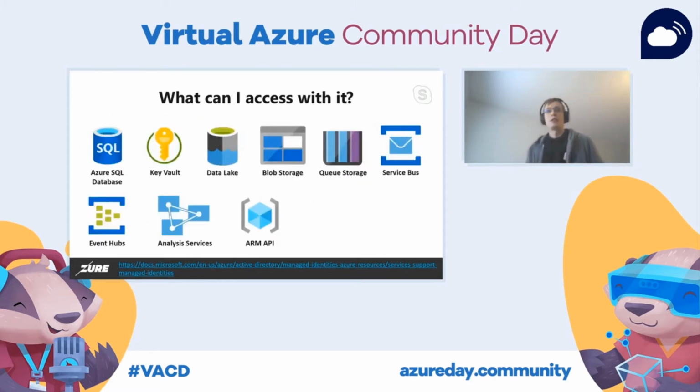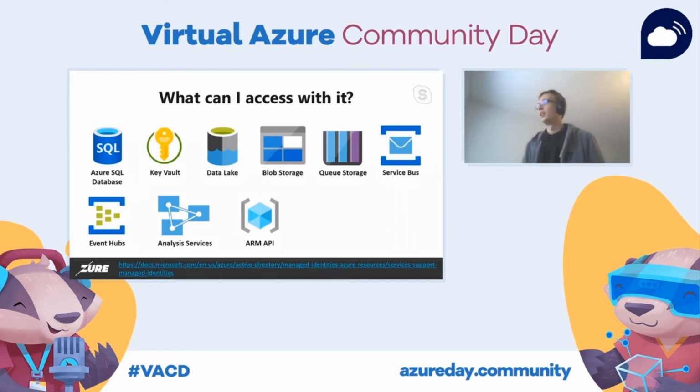Now, if you do enable it, what can you actually use it for, right? A managed identity enables your app to get Azure AD access tokens for that identity. This is kind of the idea. So we are able to use any service which supports Azure AD authentication, almost any. There's Azure SQL DB, Key Vault, which we already looked at.